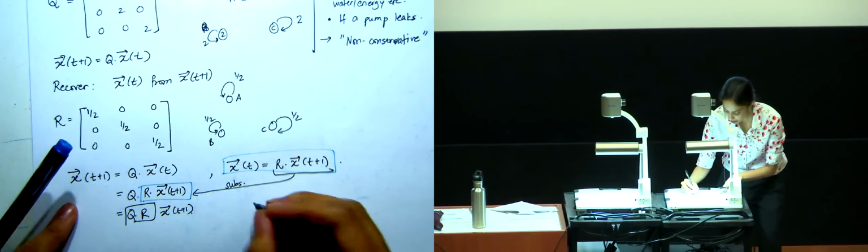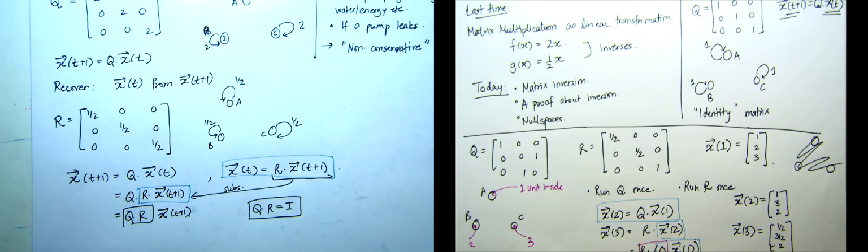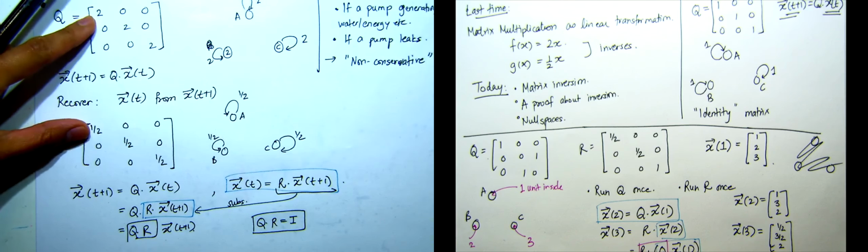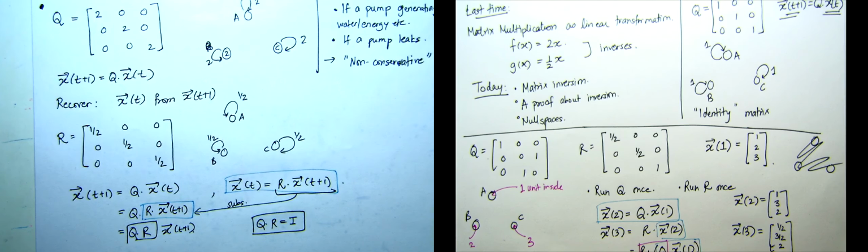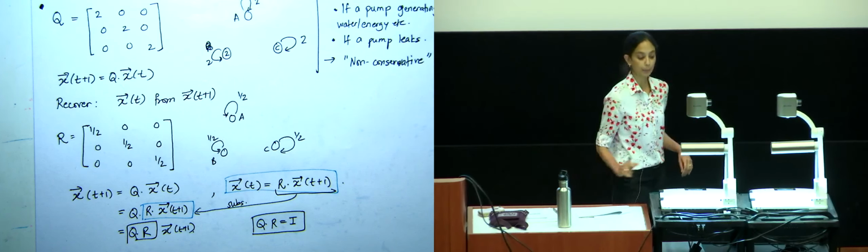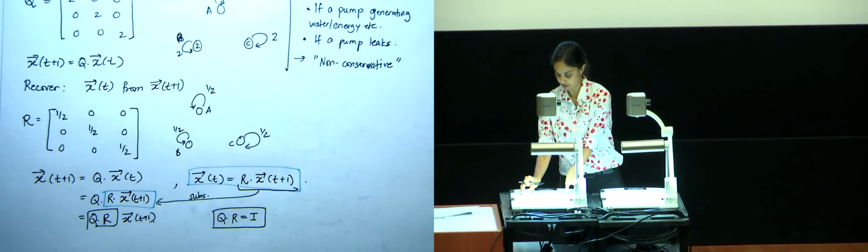And so what we have is q times r equal to identity. And here, if you check this by multiplying these out, you'll see that that is exactly indeed true. The question, of course, is, how do you do this for much more complicated systems? And that's what we want to try to get at in the rest of this lecture.